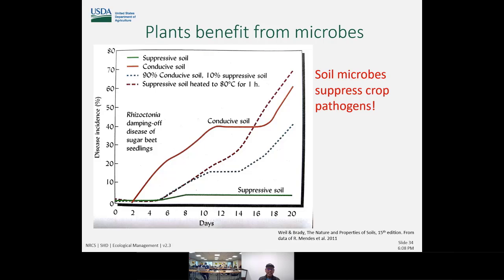So there is an interaction between them that causes suppressive soil. There is a check and balance. But if there is no balance because of fumigation, here you can see that when you autoclave the suppressive soil, it turns into conducive soil.